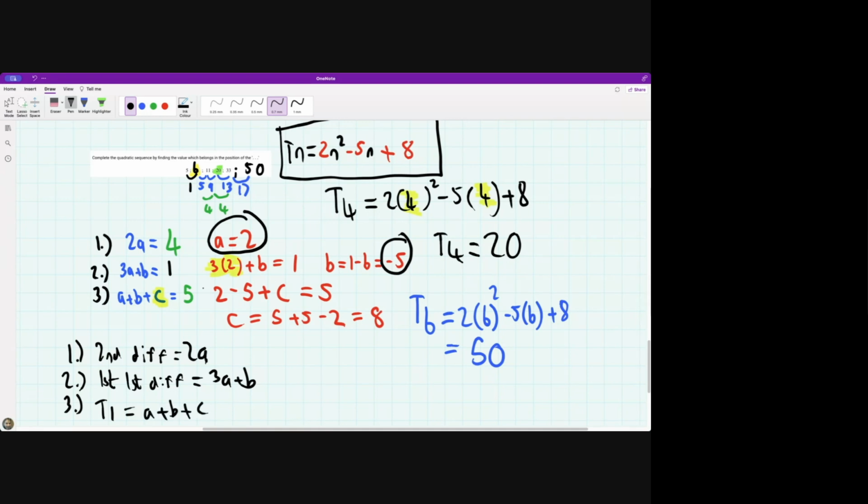And then we will work out what a is equal to, what b is equal to, what c is equal to, and then we will have a general term formula for a quadratic number pattern. But we need a whole lesson to actually practice that.